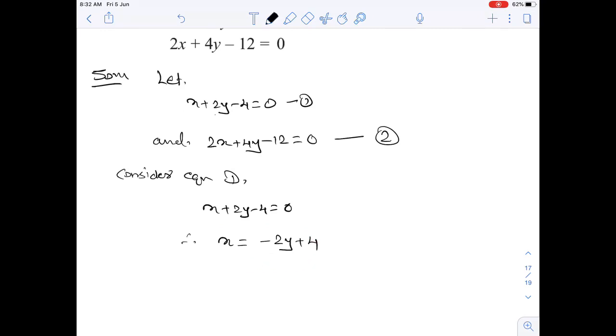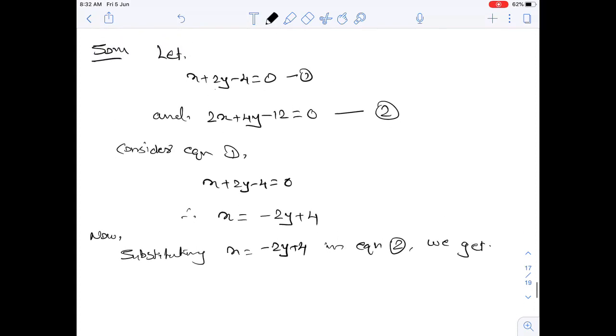So now, substituting x equals minus 2y plus 4 in equation 1, sorry, in equation 2 we have to write. So let us make some changes over here. In equation 2, what is our equation number 2?